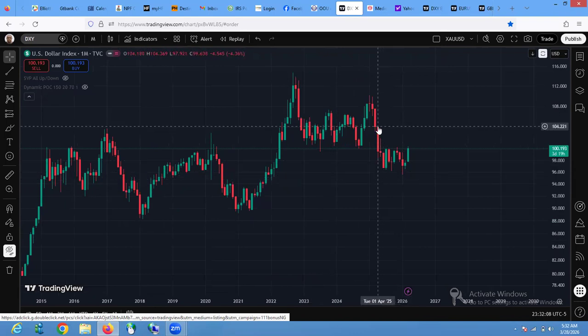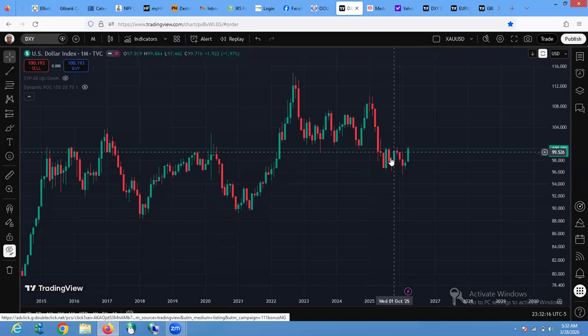Once you have a drop like this, you have a 1, a 2, a 3, a 4, and a 5. That's the way price usually turns, to go up.